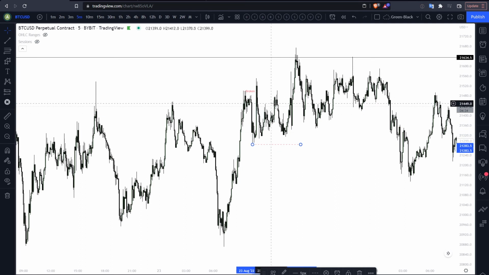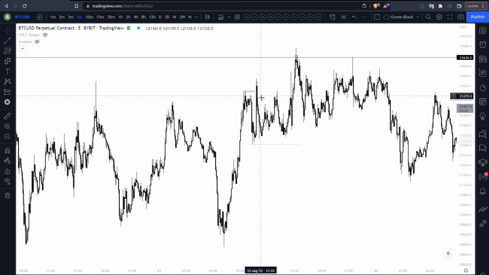So entering here was invalid unless we came back down, broke this formed low, and then returned higher here. This would be the correct entry if we were breaking this low, but we didn't. We only broke the high, returned and formed a higher low and another higher low.